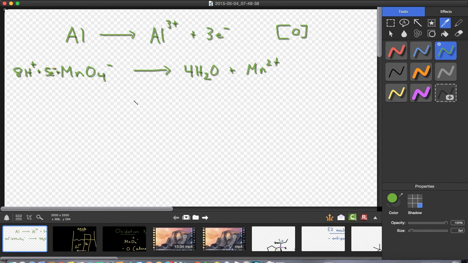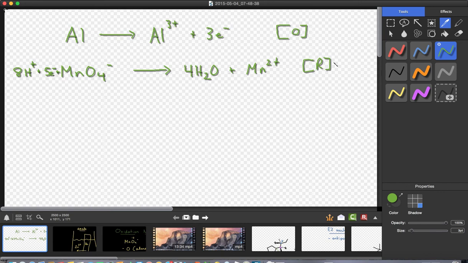So notice that when we balance chemical reactions, we not only have to balance the number and type of atom, which is kind of drilled into you in Gen Chem 1, we also have to balance the charge. Let me say that again.